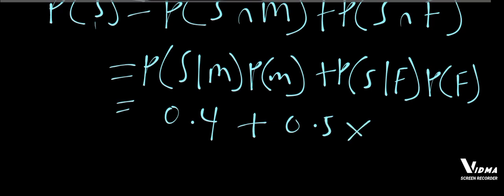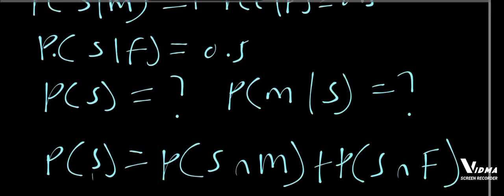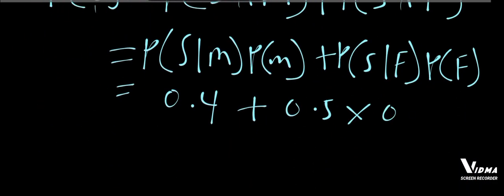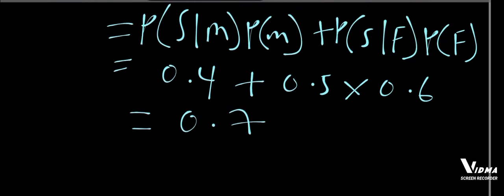Multiplying, what is P of F? We said it is 0.6. So we evaluate our answer and we get 0.7.